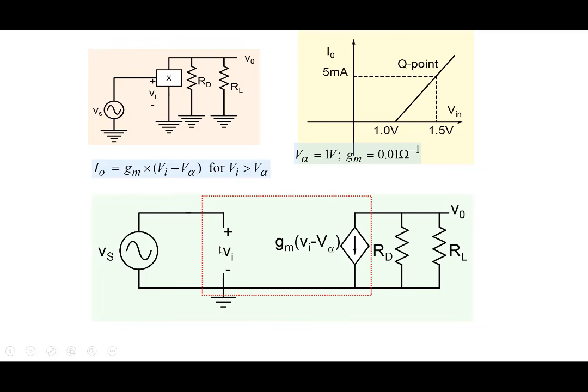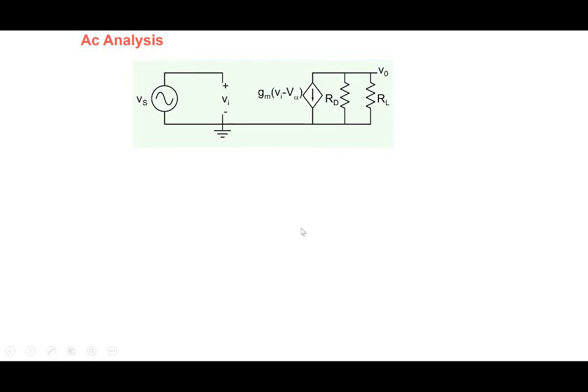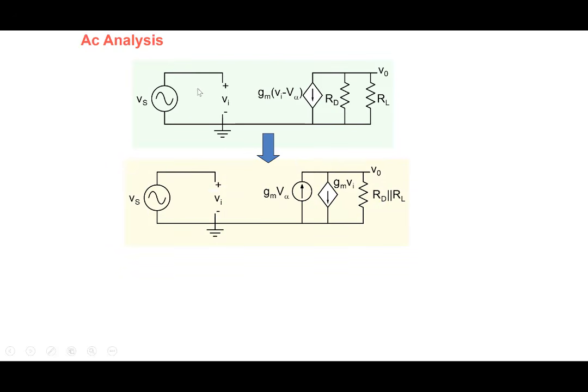And so this is basically our transistor model. If we look at this particular term, gm (Vi minus V alpha), you can break it up into two current sources. One is gm Vi, which is shown here. And the other one is minus gm V alpha, which we can write like this, gm times V alpha here.